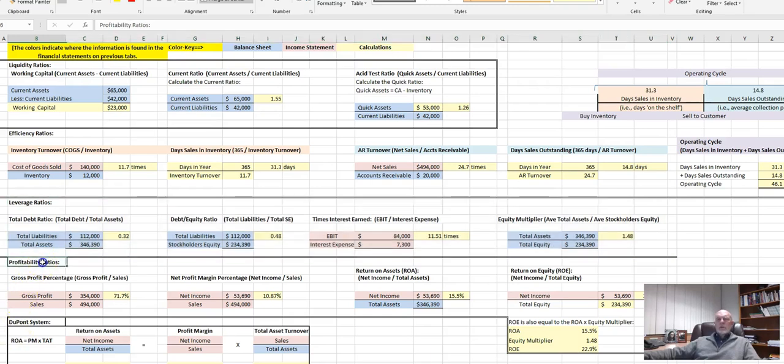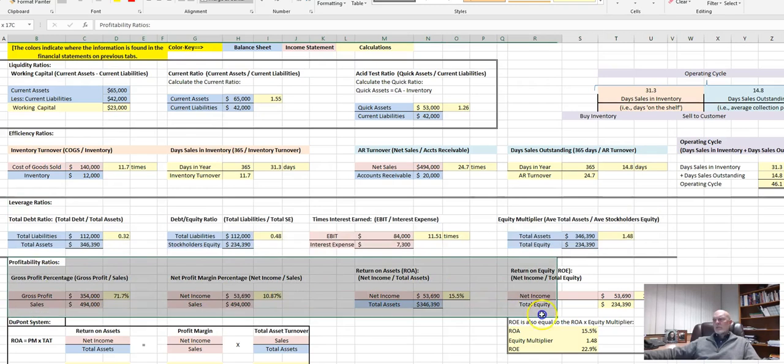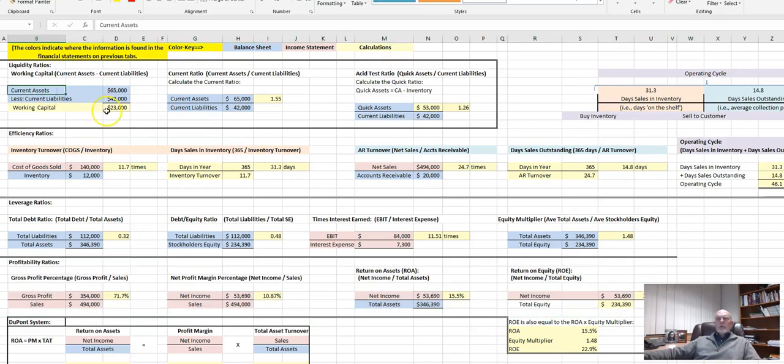And then at the bottom we've got some profitability measures that help us to monitor the performance of the company in terms of profit.